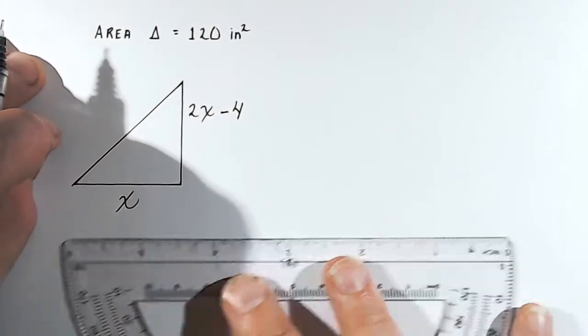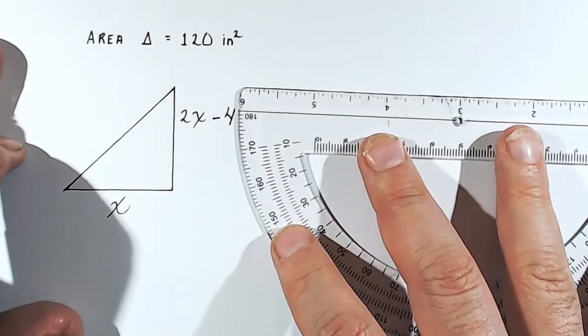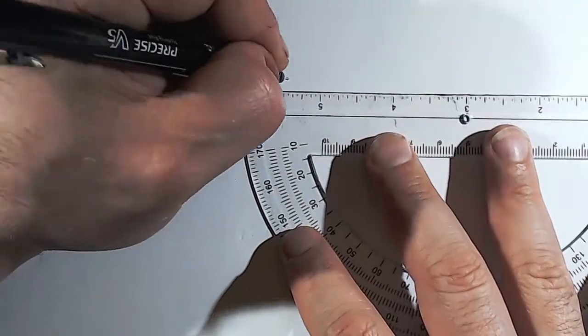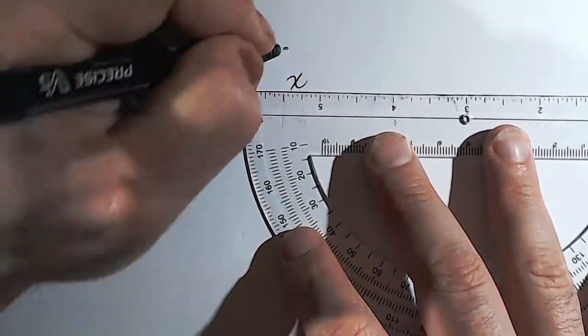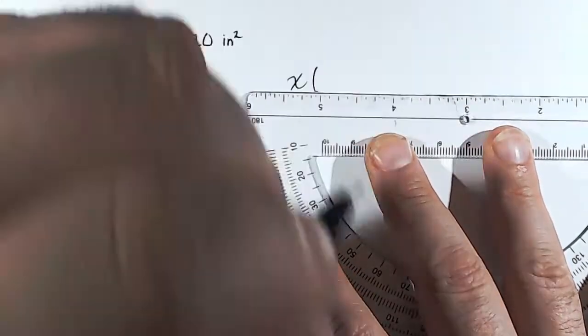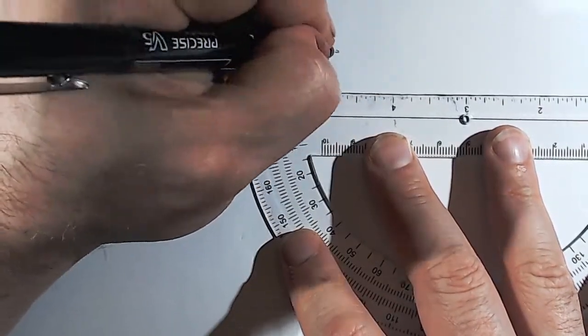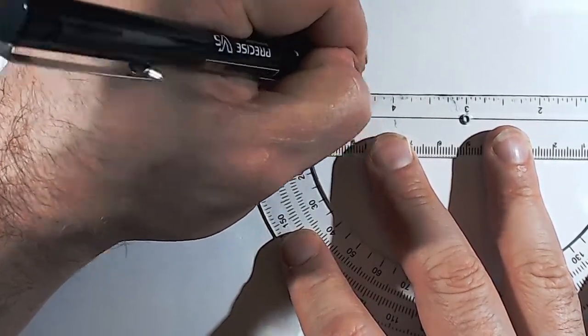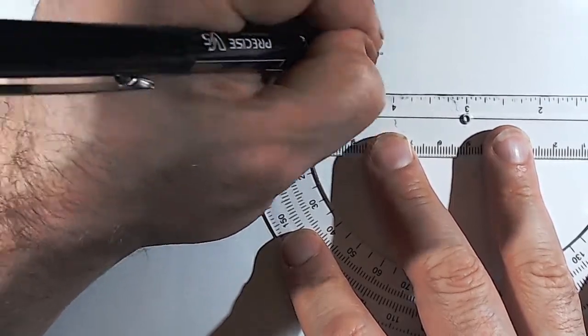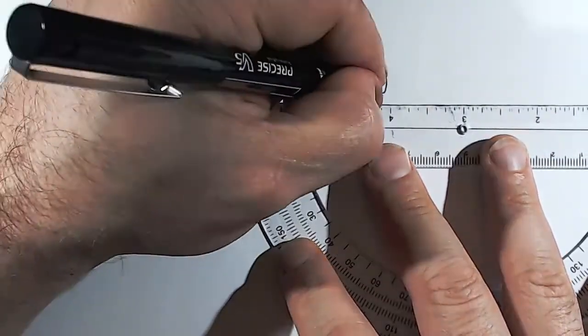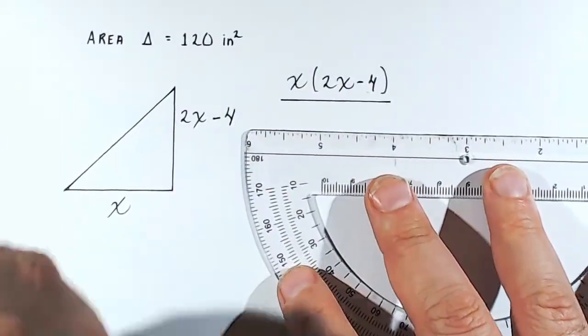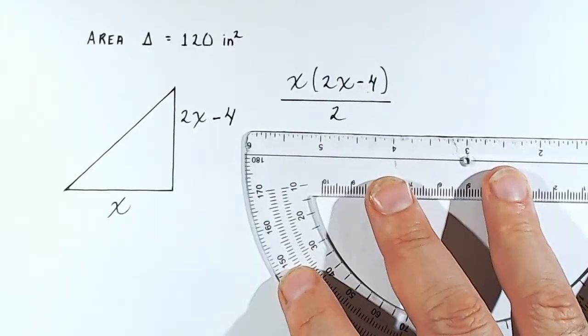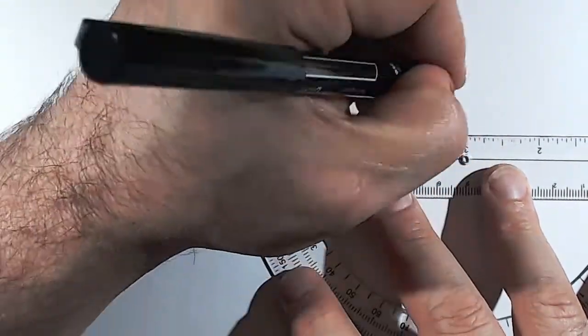So down here, I'll do it over here so it kind of stays in the picture. We'll multiply the base of x times the height, 2x minus 4, and that's divided by 2. And all of that is equal to 120 inches square.